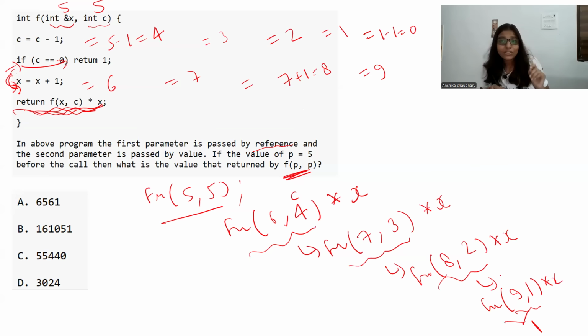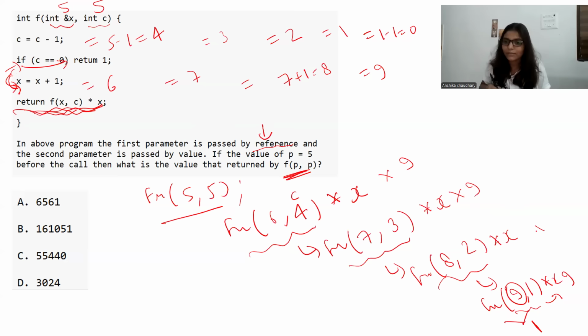And the latest value of x is 9 from here, and this 9 value will be assigned to all of the previous x. This is what reference means. So wherever we have x, I am replacing it with 9.